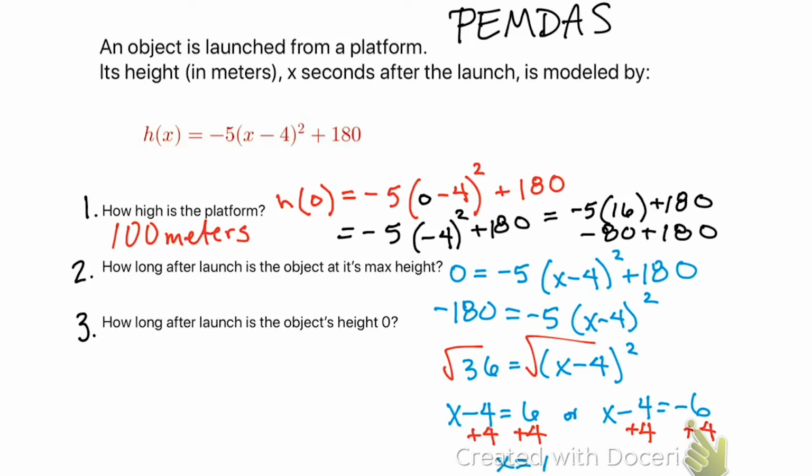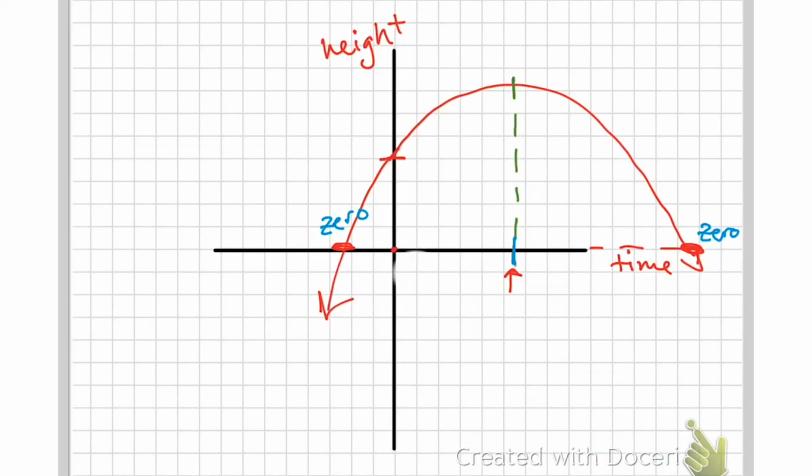So x is 10, or x is -2. So this is -2 right here, and this is 10. I just need to find the average between those 2 points.